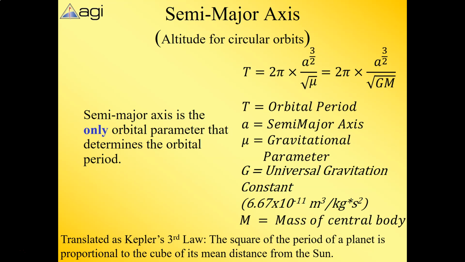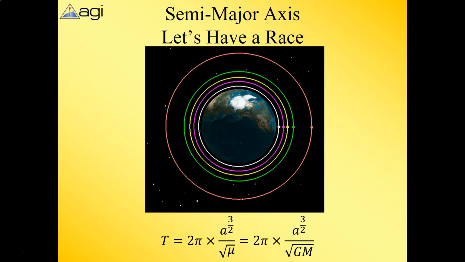If you rearrange this equation, you'll find that. Let's take a look at the next slide. Here we see that the only thing that would change about these circular orbits, these special elliptical orbits here, is the A. The only variable in the equation is A. Mu and Gm are constants.